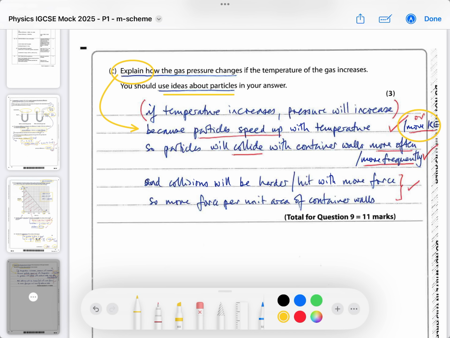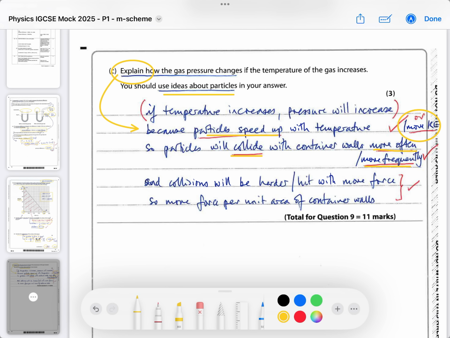And if they have more kinetic energy or they're moving faster, they will collide with the container walls more frequently, more often, or more per second. As long as you realize it's the frequency of the collisions, you will then get another mark. So one for speeding up or more kinetic energy, one for the rate of collisions increasing.